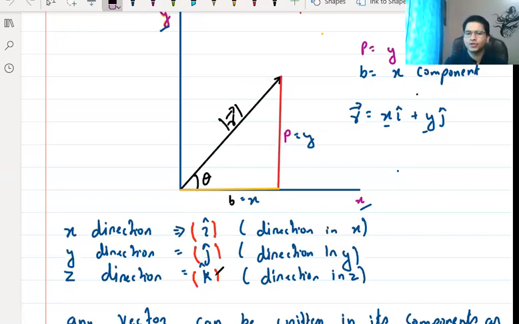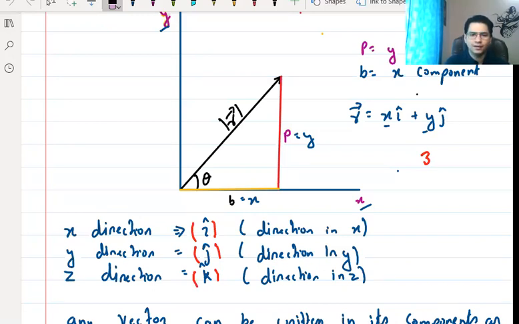Clear? So it is just the representation. If I'm writing 3, just think about it, do you get any idea what the direction of this is? Your question would be, sir, in which direction? Yes or no?